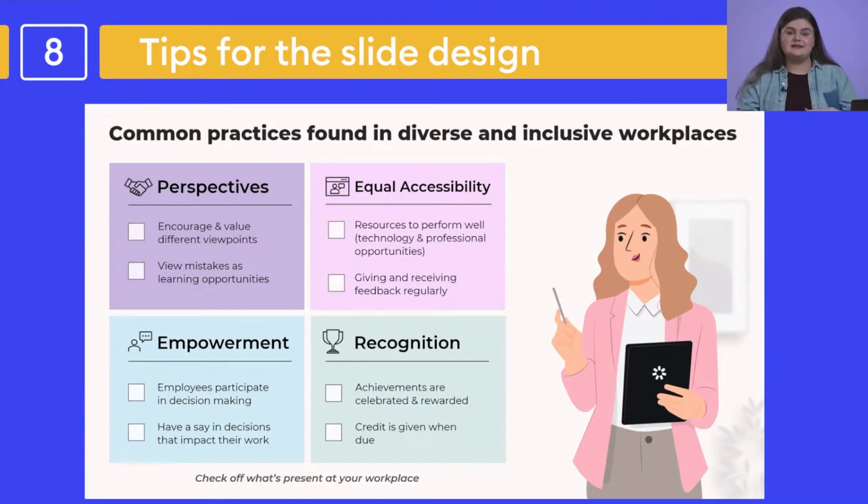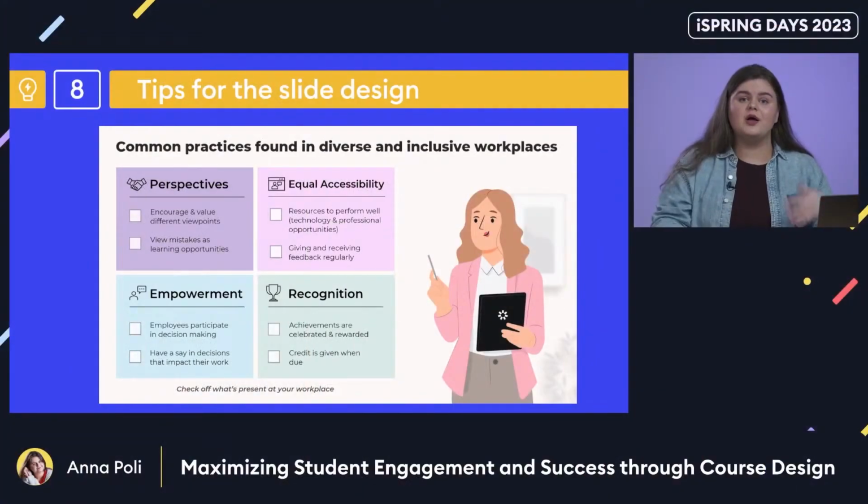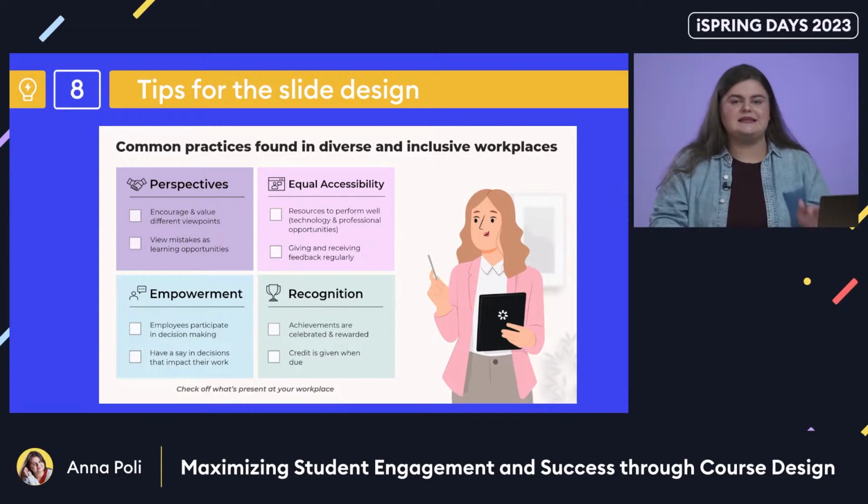We changed the title to Common Practices Found in Diverse and Inclusive Workplaces, as it better describes the information on the slide than workplace, diversity, and inclusion. And we wrote, check out what's present at your workplace under the elements it's referring to.